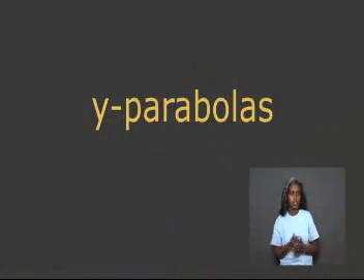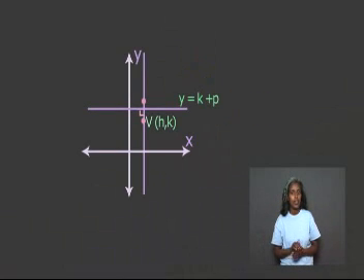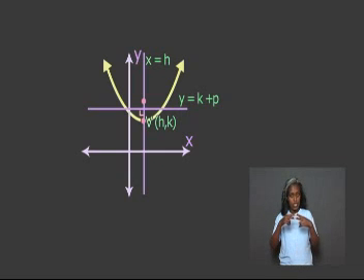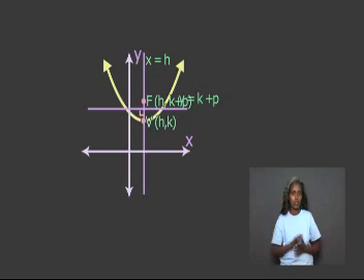Next, we will study parabolas whose axes are parallel to the y-axis. These are called y parabolas. Let V at (h, k) be the vertex of the parabola. The axis of the parabola is the line x equals h. If the focus is above the vertex, the parabola opens upward, and the focus is found at (h, k plus p).